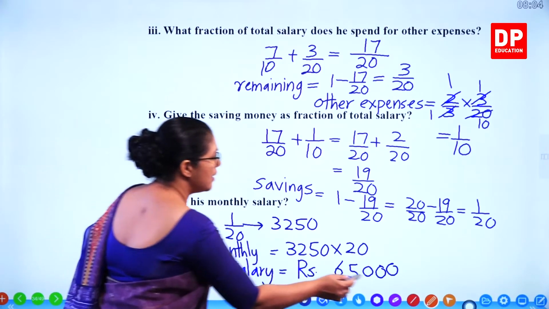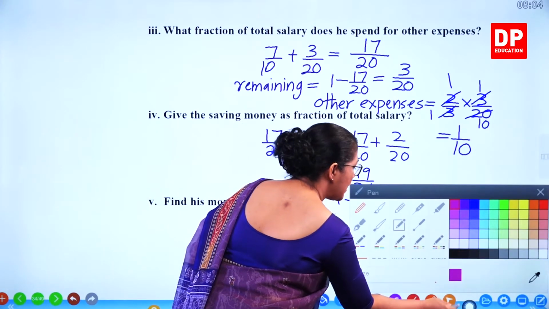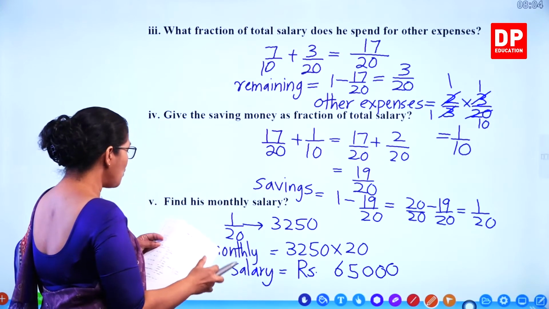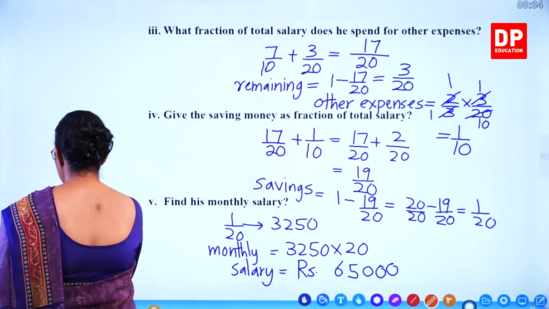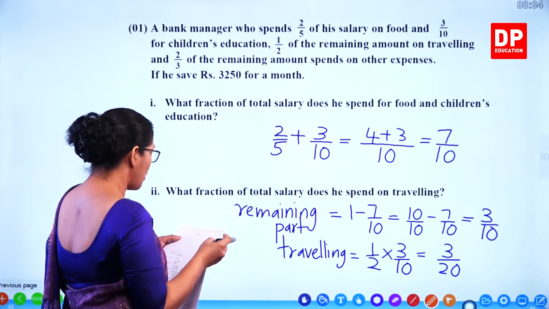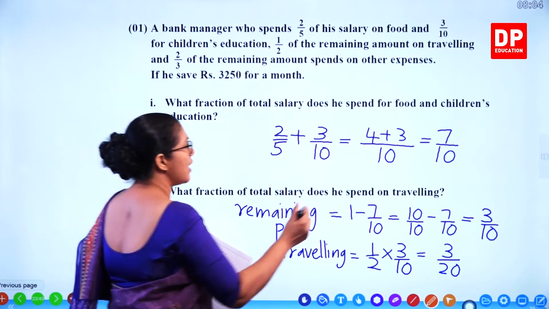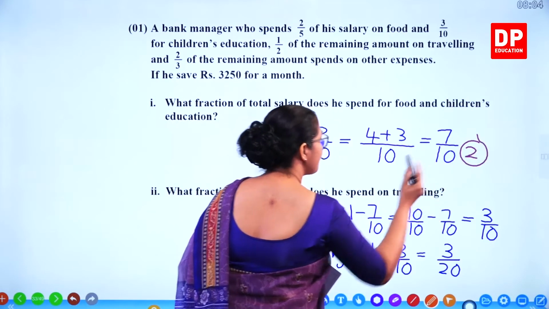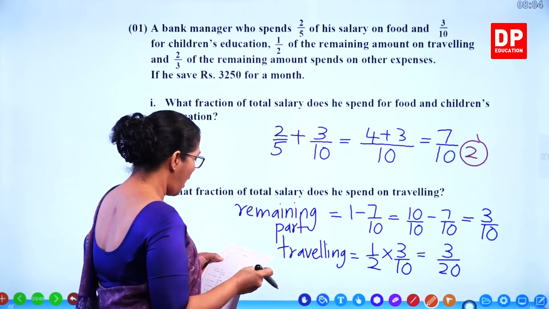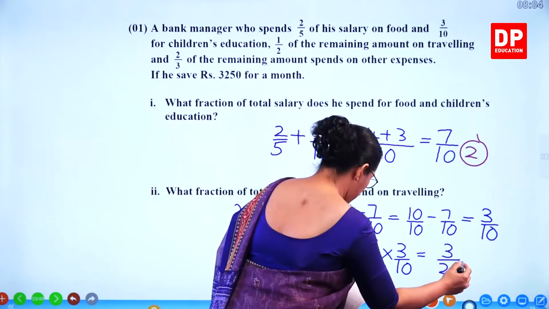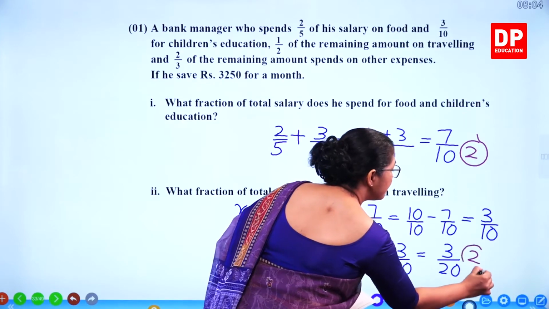Now we'll see how many marks for each part. So we'll look at the marking scheme and give marks. 7/10, you get 2 marks there. And then half of 3/20 is 2 marks again. So 4.